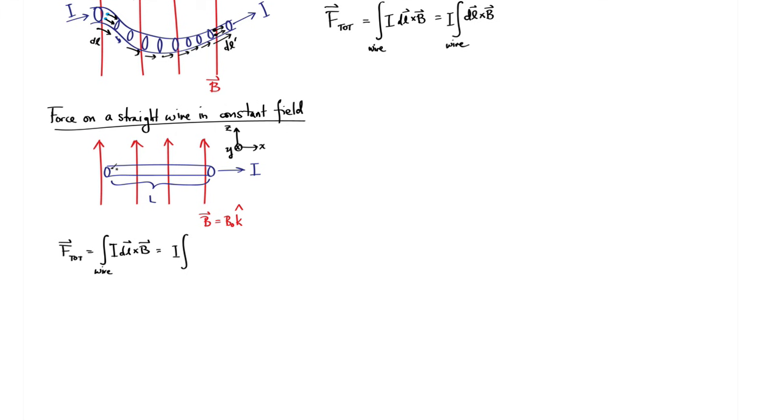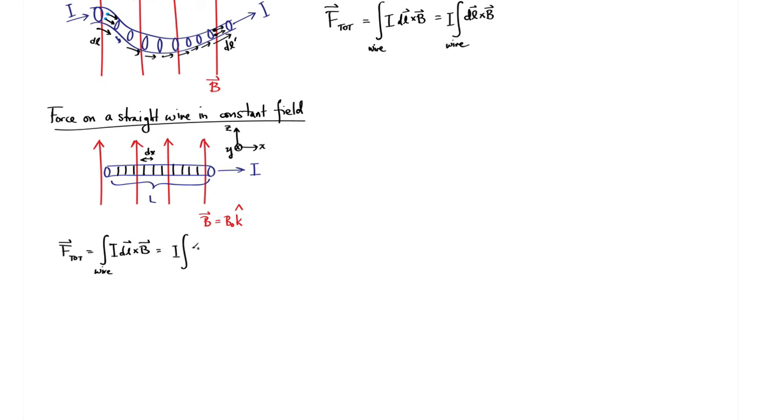We break the wire up into little sections dl. Right, dl is just going to be parallel to dx, since the wire is along the x direction.